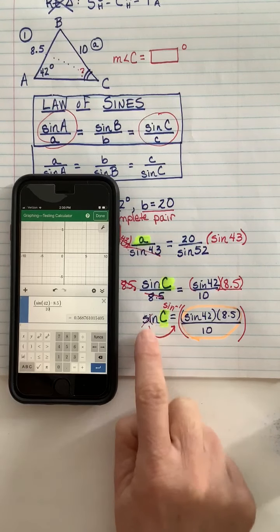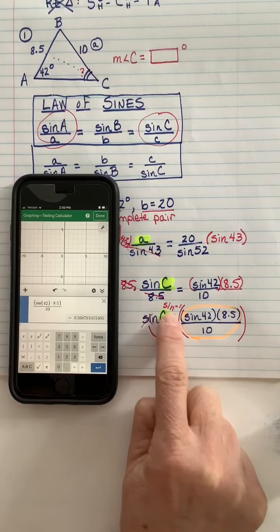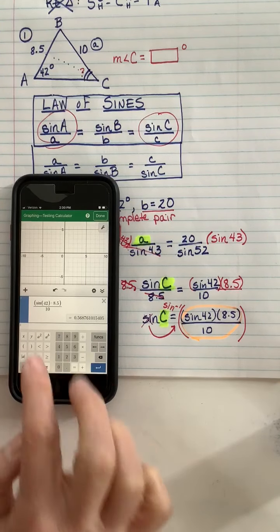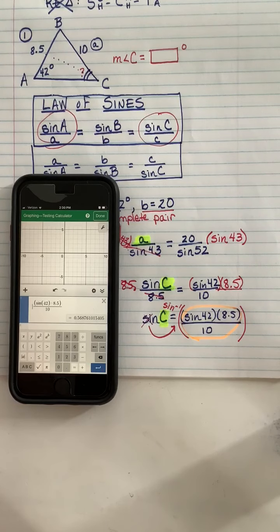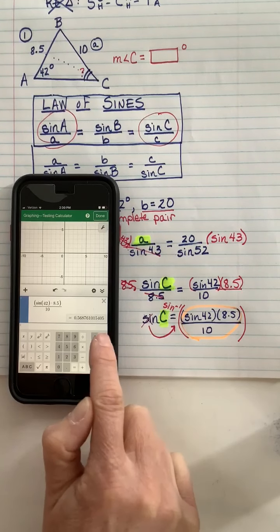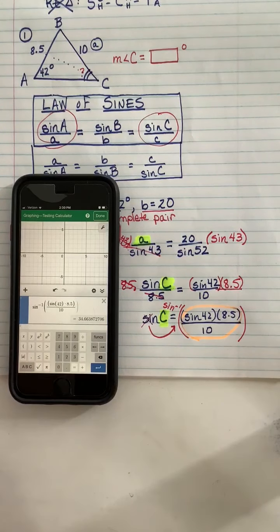And what I need to remember is that now I need to take the inverse sine of this whole thing without rounding first. So I'm going to tap in front, and I am simply now going to throw my inverse sine in front, just like I did here when I was solving. So I'm going to take the inverse sine of that whole thing, and Desmos will automatically throw your parentheses in there for you.